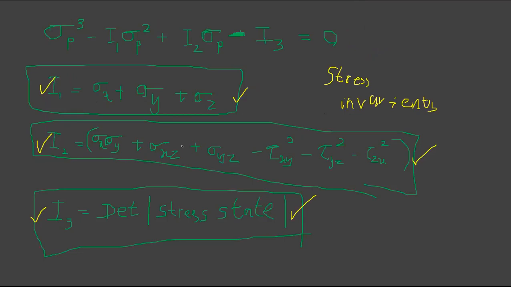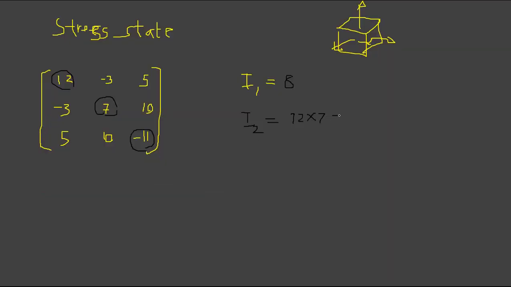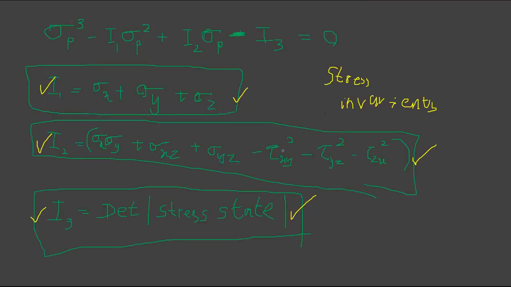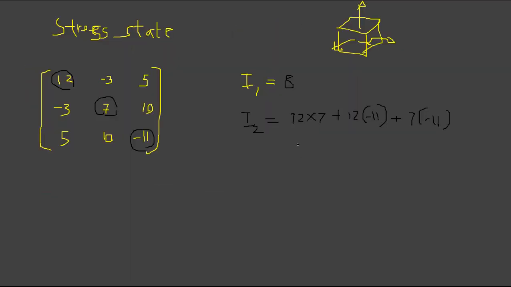And then sigma x is 12 into minus 11, and then 7 into minus 11, sigma y is minus tau xy squared minus, squared, minus 5 squared minus 10 squared, right?